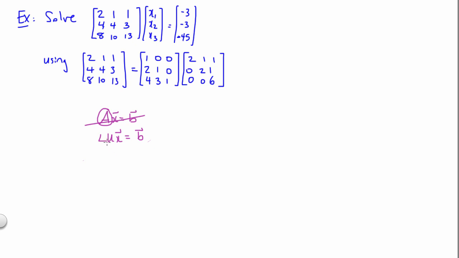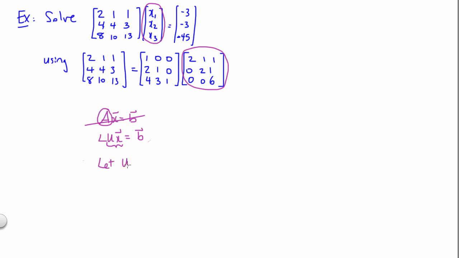Well, let's look first at U times x. If we take the matrix U, which is this guy right here, and we multiply through by the matrix that contains our variables, what we would end up with is just a single column matrix or column vector, and we might want to just rename that y.